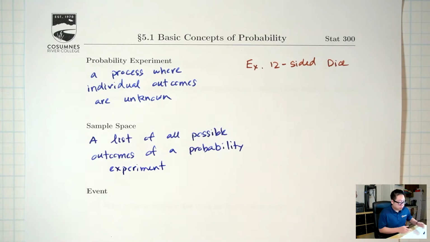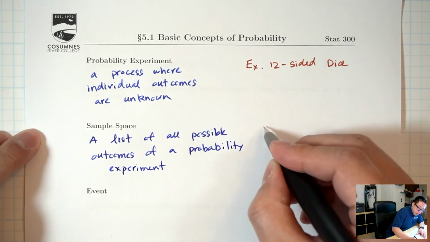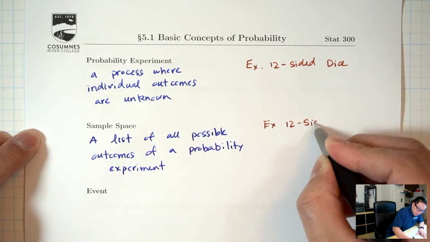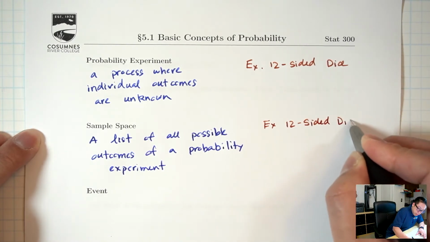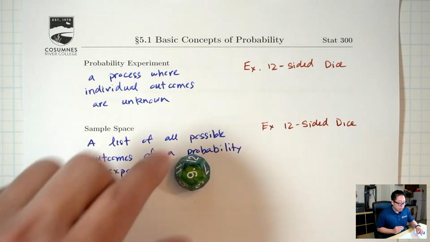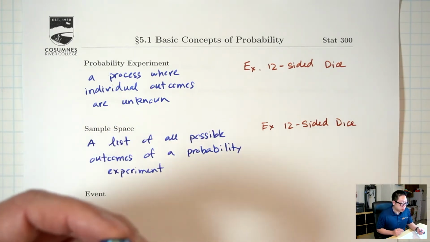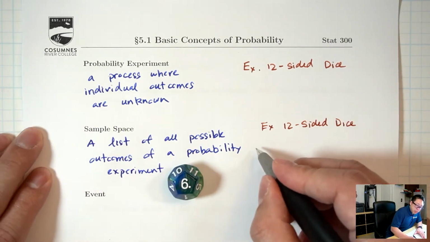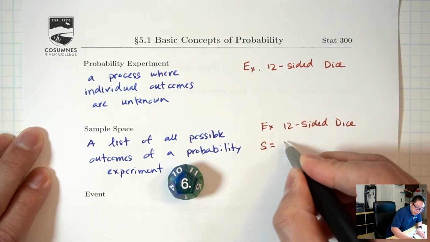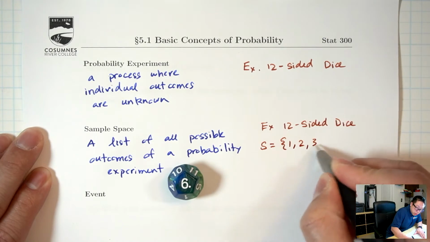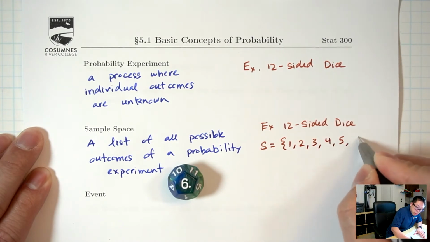So in our case, with the 12-sided dice, even though when I roll this, I don't know what's going to happen, I do know that because it's a 12-sided dice, I could get a 1, a 2, a 3, a 4, a 5, a 6, all the way up to 12, right? So a list of everything that could happen would be, S for sample space, 1, 2, 3, all the way up to 12.